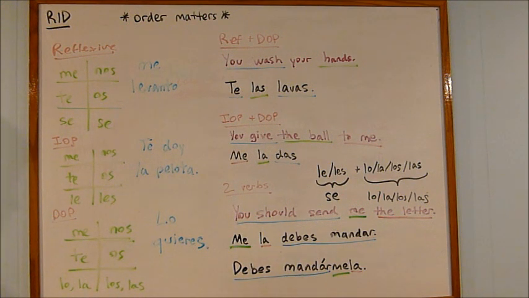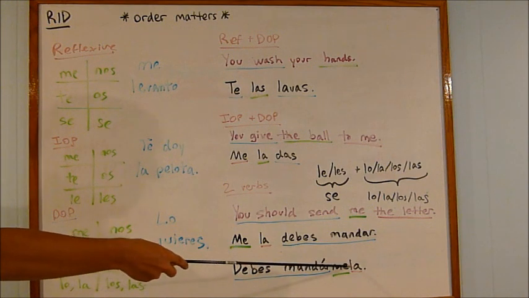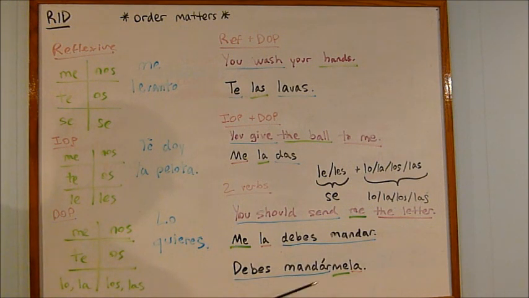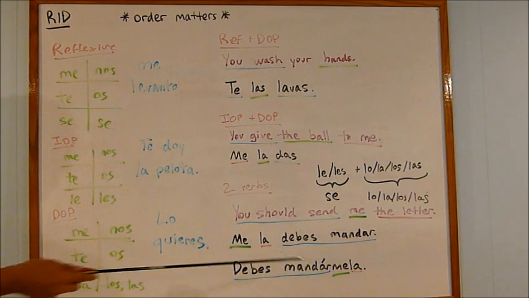When you do have two pronouns here, you have to add the accent over the AR, ER, or IR, because you have to have the accent where it would naturally fall.